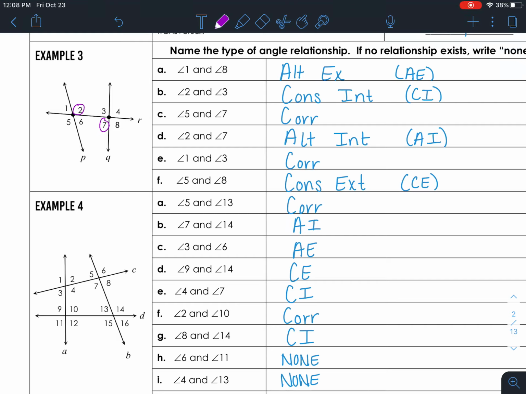So those are what we call alternate interior. 1 and 3, again, are both on the top left-hand side, so those are corresponding. And the last one is 5 and 8. 5 and 8 are on the same side of that transversal, but both on the exterior. So those are consecutive exteriors.